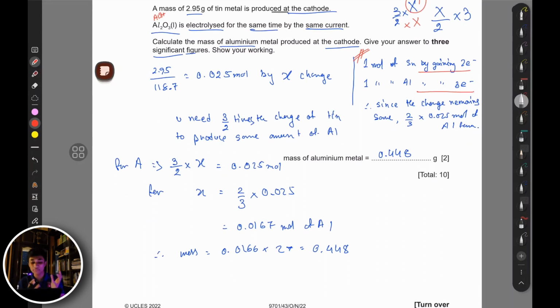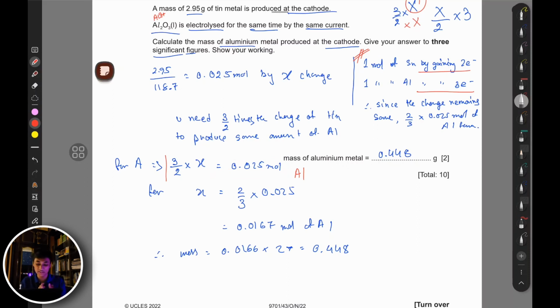So let's form a sort of equation using unitary method. You know, with 3 by 2 into x amount of charge, meaning 1.5 times the charge needed for tin, you can produce 0.025 moles of aluminum. You need more charge for aluminum to produce the same mole of aluminum, the same 0.025.